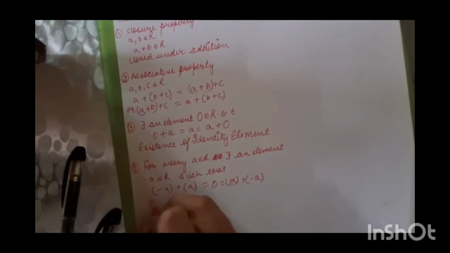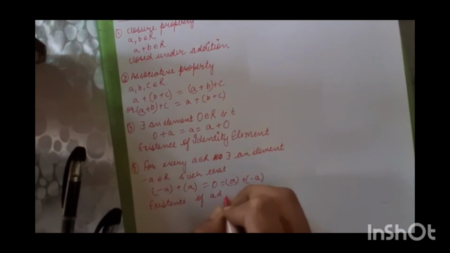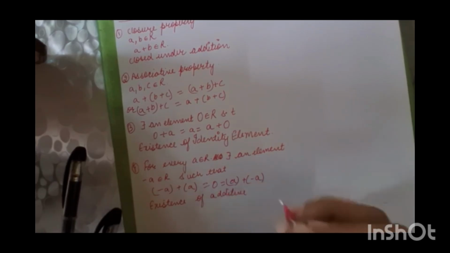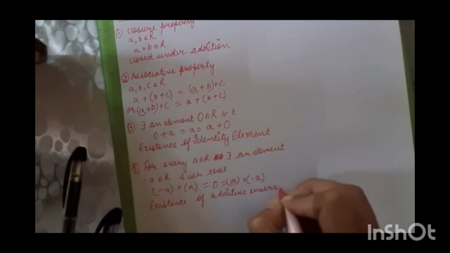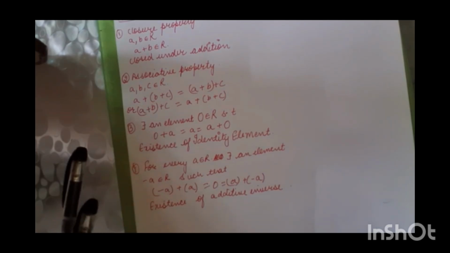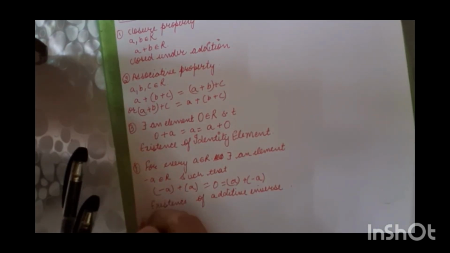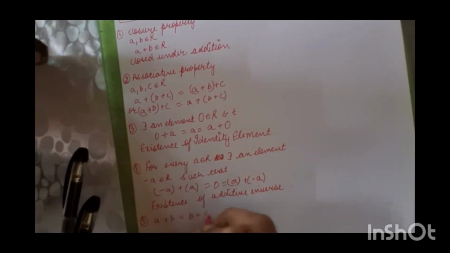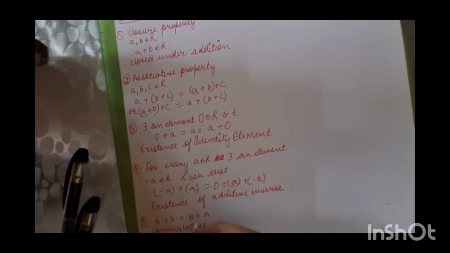This is called the existence of additive inverse. Now, for the fifth property with respect to addition, it should be commutative. That is, a plus b must be equal to b plus a. So we say that the commutative property holds here.